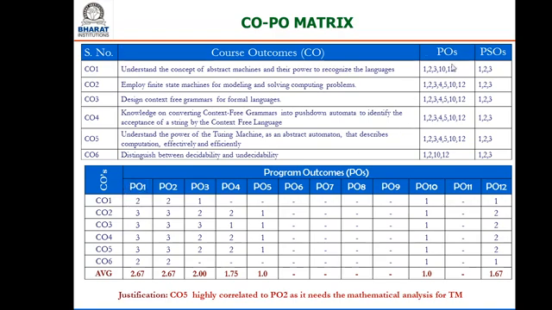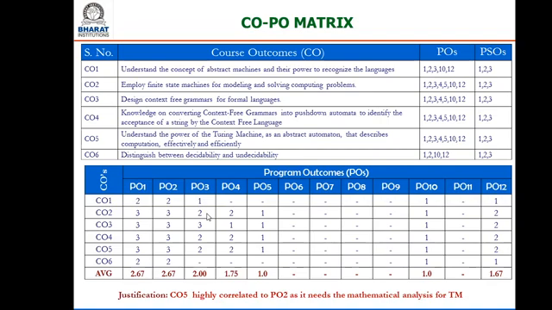In the above table, the mapped POs are mentioned. Then in that particular PO, what is the level of mapping? For any course, wherever the attainment comes into the picture, in the CO-PO matrix, the attainment levels are categorized into 3 types.